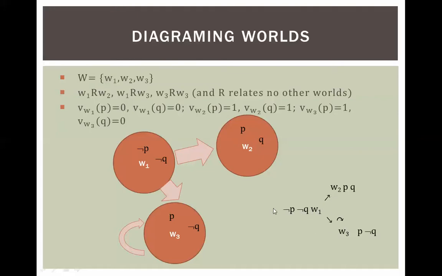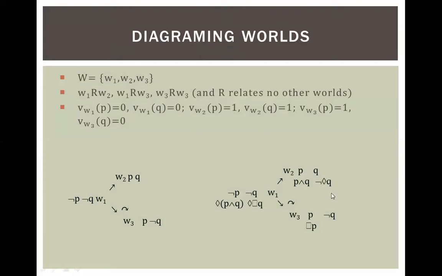Close to world 1 you have the not P and the not Q, whatever's true and false there, and close to world 2 you have the P and the Q. World 3 has this little arrow that tells you that 3 accesses itself, and P and not Q is at world 3. So if you have a setup like this, here's what you would write about it. Here's how you would make a model of that world, in other words. And when we do counter models, that becomes important.